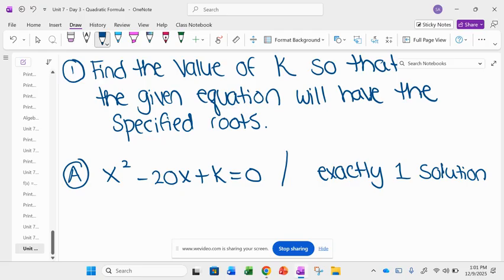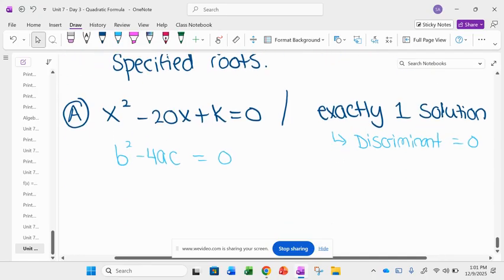Well, if we have exactly one solution, what did I call that? I called that a double root. So we want the discriminant to equal what? 0. So to have exactly one solution, we want the discriminant to equal 0. So I need b squared minus 4ac to equal 0. If that happens, I'll have exactly one root.